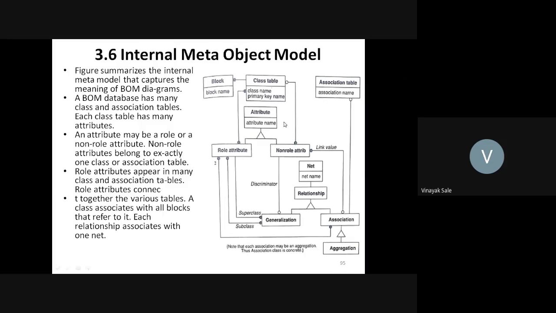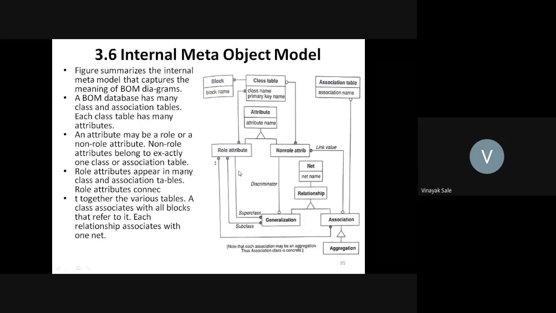So it is again divided into two types, role attributes and non-role attributes, and each has a superclass and subclass in case of inheritance. Similarly, there is an association table which has an association name, associated with a relationship with a net, and role attributes and non-role attributes.